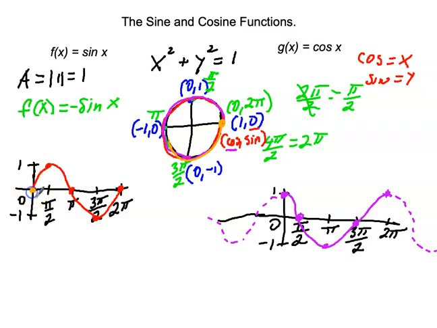We would start at 0, but we go down to negative 1, back to 0, positive 1, and back to 0. So this one would be the negative sine of x function. I'm going to write it in this color. And for cosine, again, we would start at negative 1, go up over here, and then we would end up at negative 1 again, and it would look something like this.